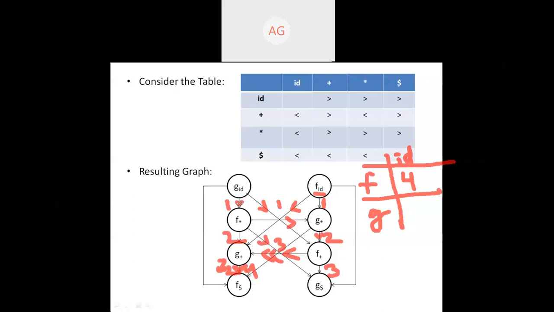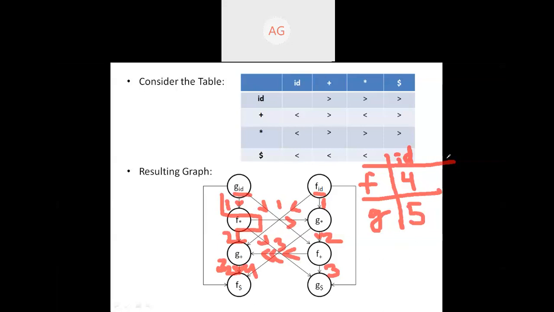So here 5 lengths are possible if you are moving in a zigzag way like this, this, this and this. So 5 lengths are possible from GID. So 5 is the longest path, so you can write 5 here corresponding to G, and the ID entry has been filled with 5. So all of you understand it.